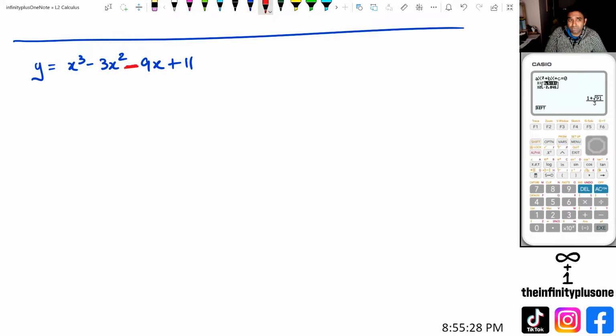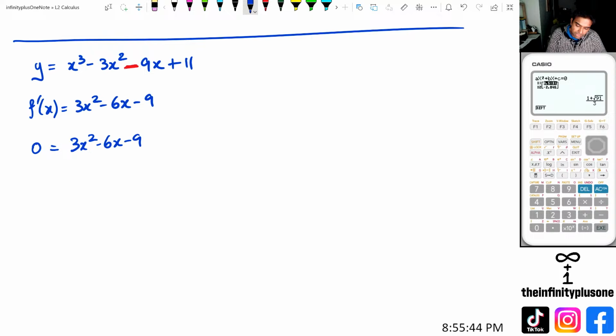All right, so this question here. How do we find whether it's increasing or decreasing? Step 1, you find the turning points. So f dash of x equals 3x squared minus 6x minus 9. I've got to put this equal to 0. Just because I know this is going to happen, I'm going to make this x squared minus 2x minus 3. 0 is equal to (x minus 3)(x plus 1).